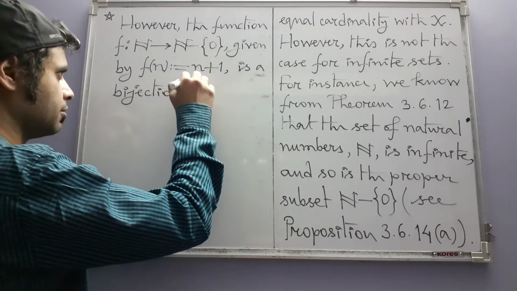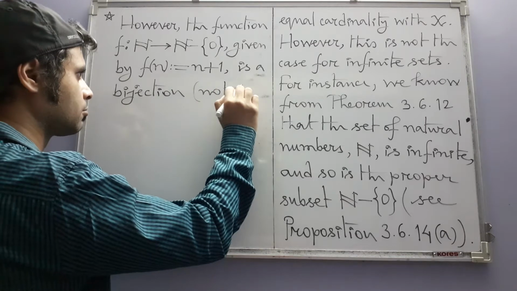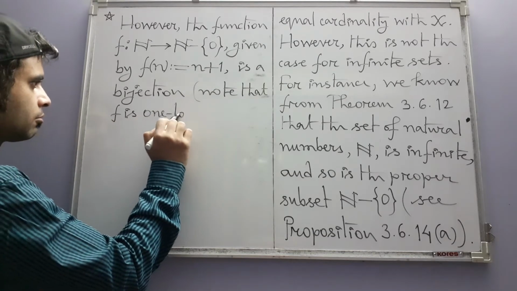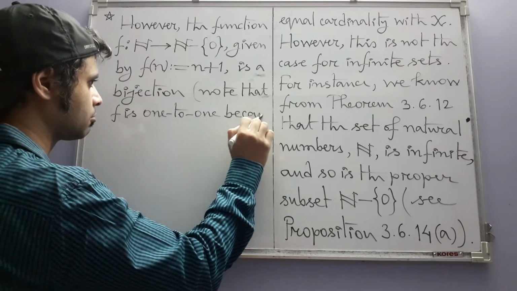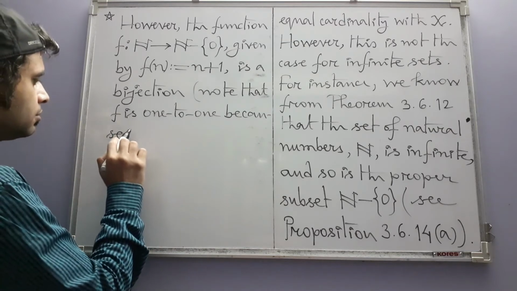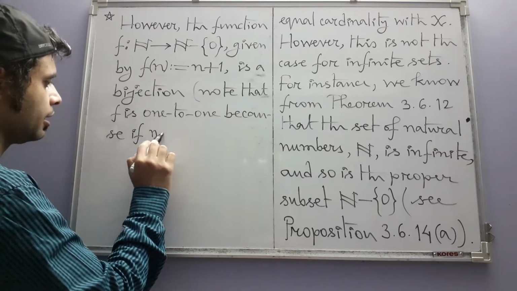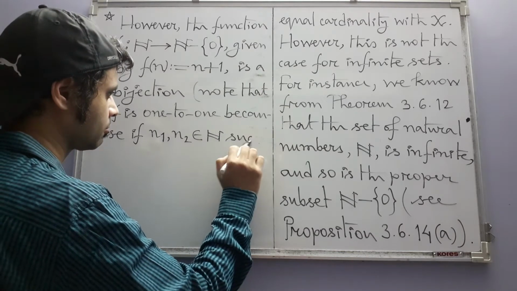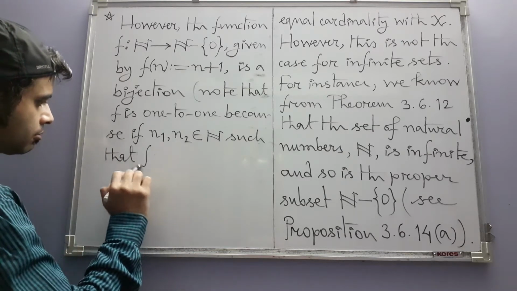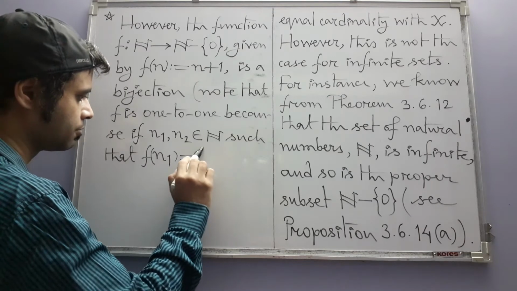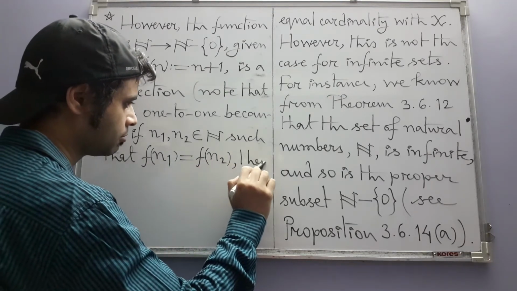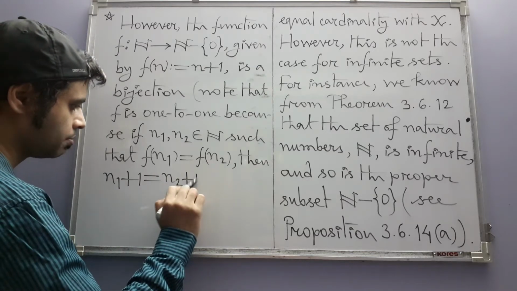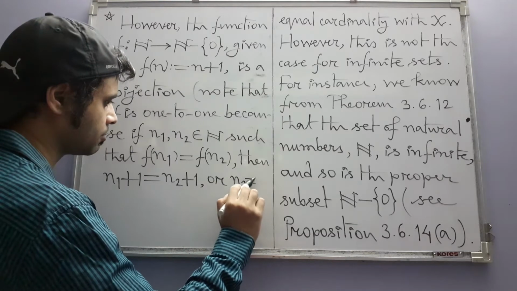So to see that it's a bijection, note that f is one-to-one because if n1 and n2 are two natural numbers such that f(n1) is equal to f(n2), then that just simply means what? n1 plus 1 is equal to n2 plus 1, or n1 is equal to n2.